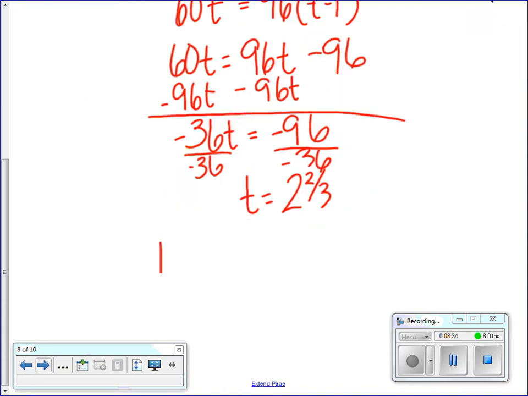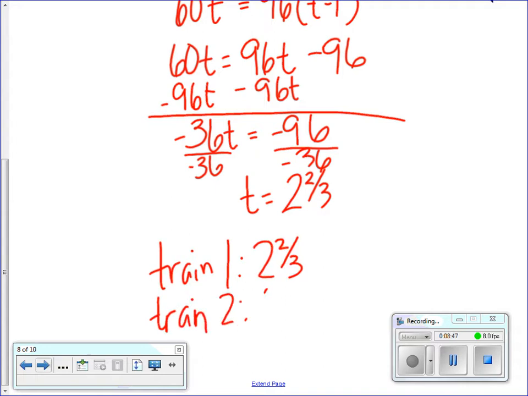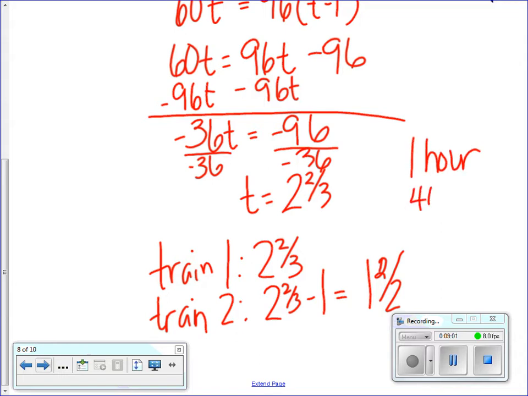So train 1 is 2 2/3. Train 2 is 2 2/3 minus 1, which equals 1 2/3. So they catch up at 1 hour and 40 minutes.